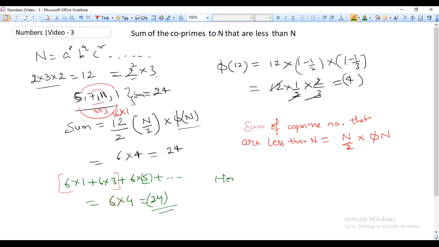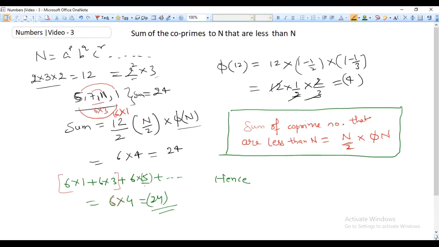Hence, this general formula for phi n, as written, is true. So this is how we go about observing the terms, how they relate to the numbers, and getting the formula out of it.